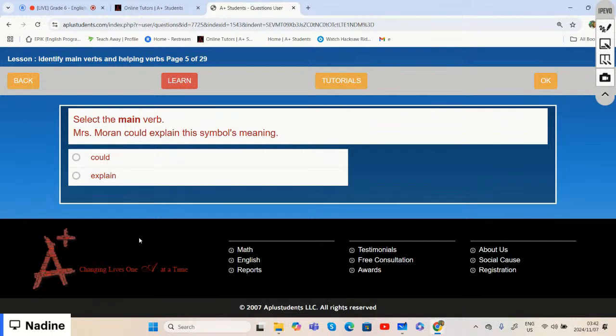All right, we need to select the main verb within that sentence. It says Mrs. Moran could explain the symbol's meaning. Is it option 1, could, or option 2, explain? Which one is the main verb?